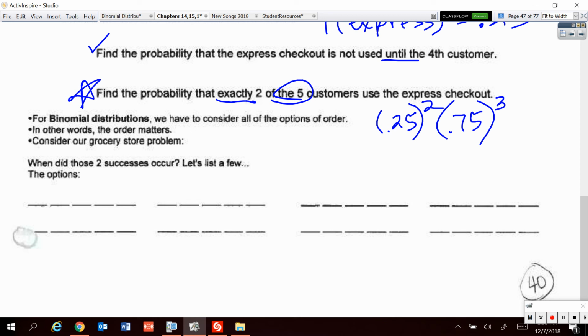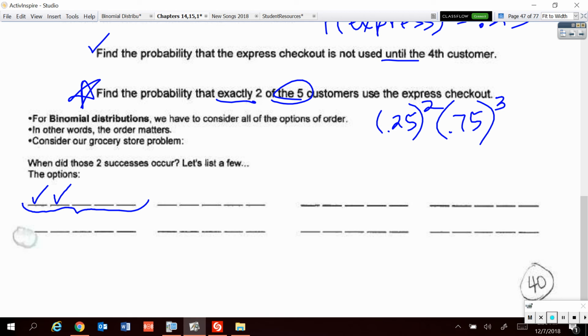If you didn't get that, you might have been thinking too hard. It wasn't supposed to be that hard. But what that problem is essentially defining is one situation where you have the express checkout lane happening for the 1st and 2nd and not for the 3rd, 4th, and 5th. So you've just described one scenario.